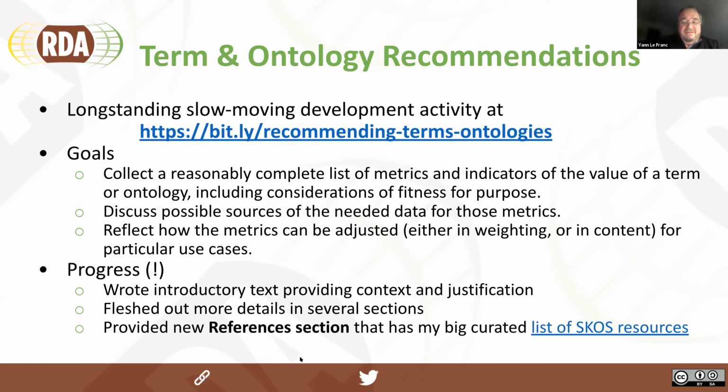So yeah, and it ties really well with the minimum metadata task group, because if you don't have the minimum metadata exposed, you are not able to actually pick the right term. So they tie really well, yes, the two of them together.